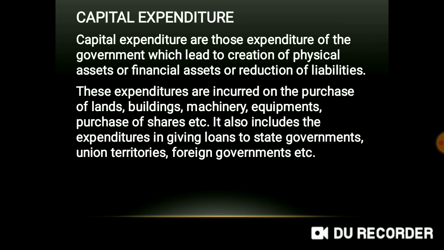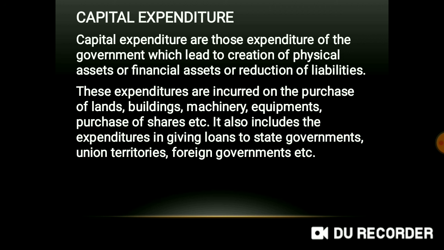Now let us talk about the another type of expenditure, that is the capital expenditure. Capital expenditures are those expenditures of the government which create physical assets or financial assets, or which reduce the liabilities of the government. So it is that expenditure which increases the property of the government, or which reduces the loans of the government.